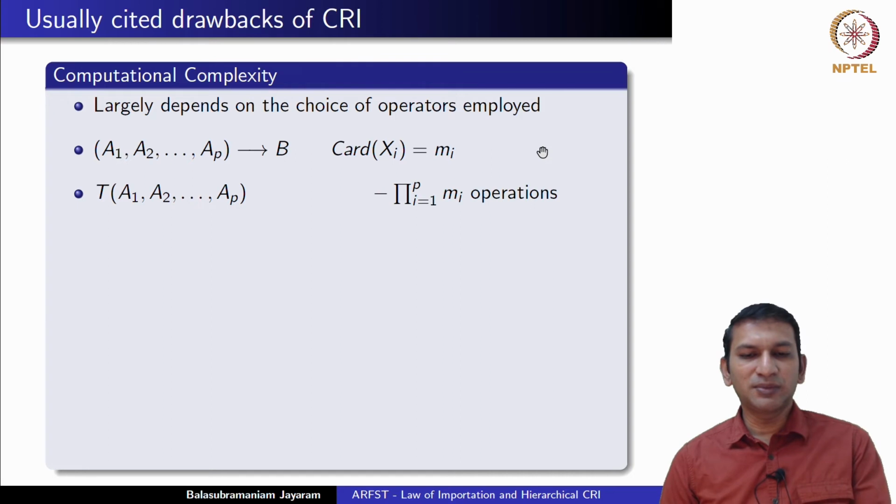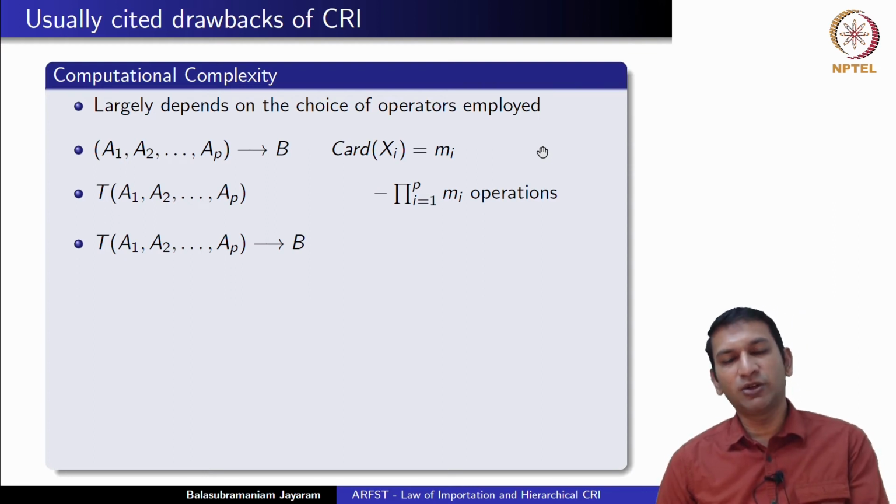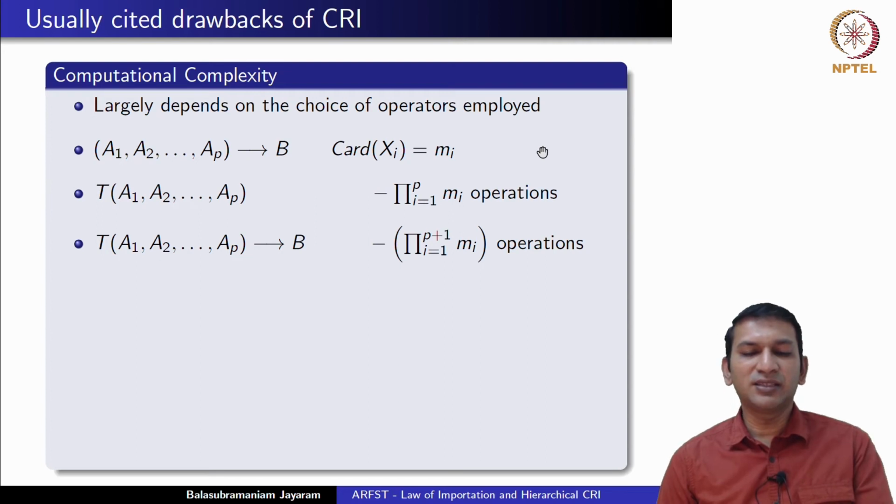So we need the product M1, M2, M3, and so on till MP, so many operations to obtain the matrix itself. This is the antecedent component. Next, to obtain the relation between the combined antecedents and the consequent, we need another set. So the total number of operations required is the Cartesian product of 1 to p, plus 1 such operations.